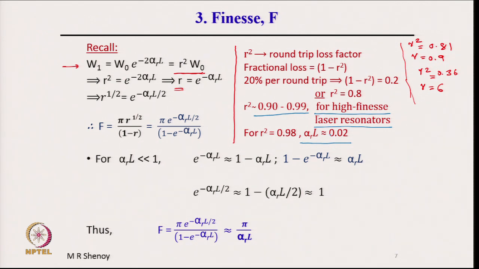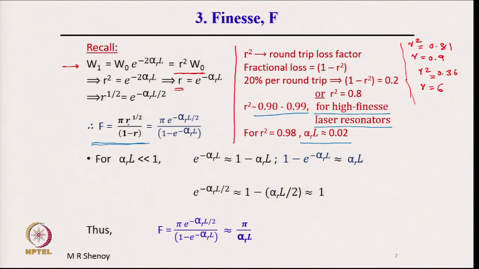The point is, we already have defined the finesse by this expression, and r square is equal to e power minus 2 alpha r L. Therefore, r is equal to e power minus alpha r into L, and r to the power half is equal to e power minus alpha r L by 2.